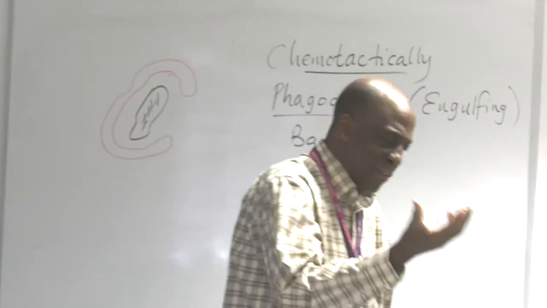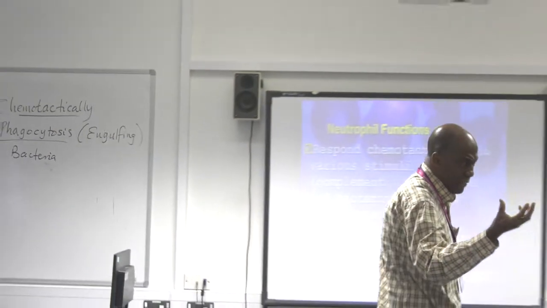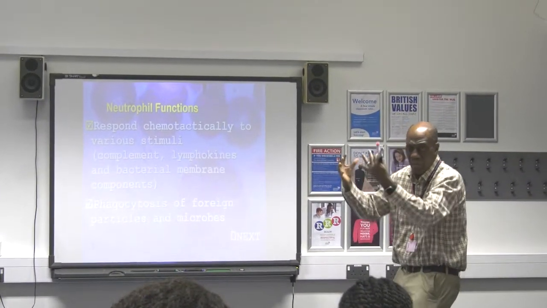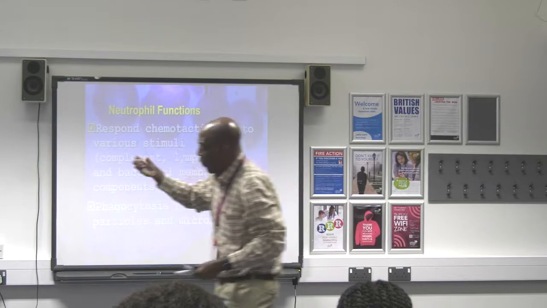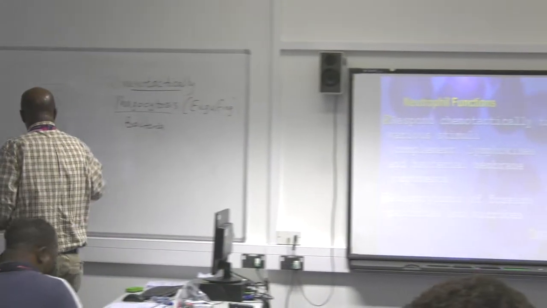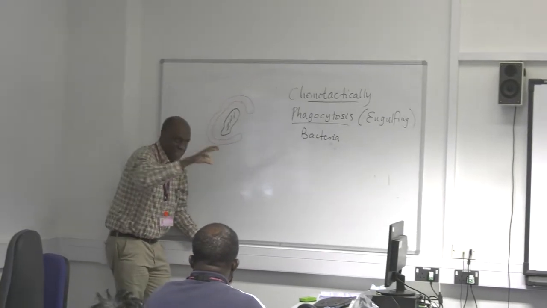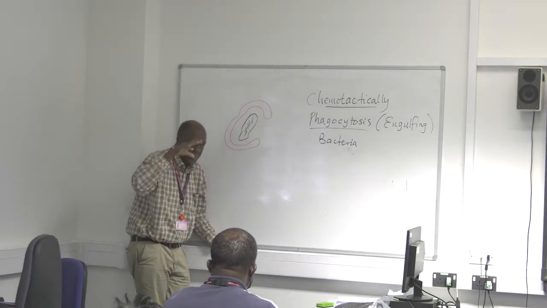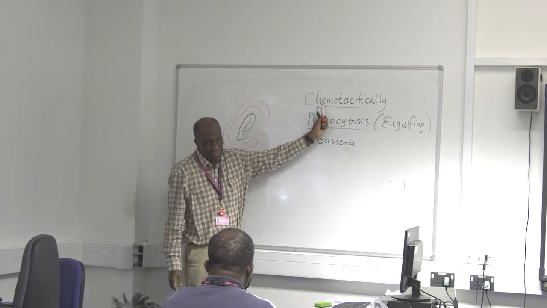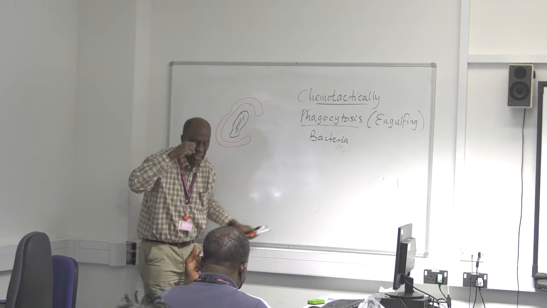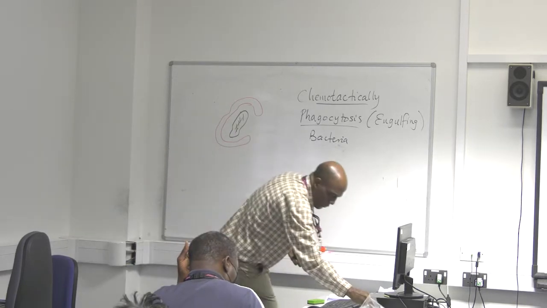But when it engulfs the microbe, the engulfing doesn't stop there. There's a reason why the microbe was engulfed. The purpose of the engulfing is that the neutrophil will then inject chemicals. That's why the chemotactically is coming in. It will inject chemicals into the microbe.